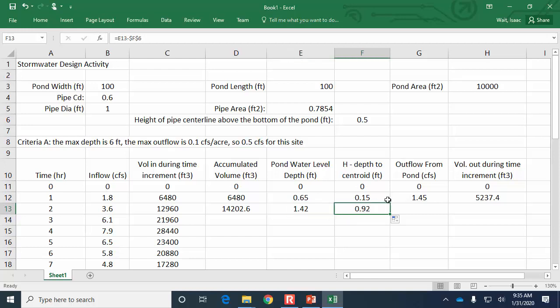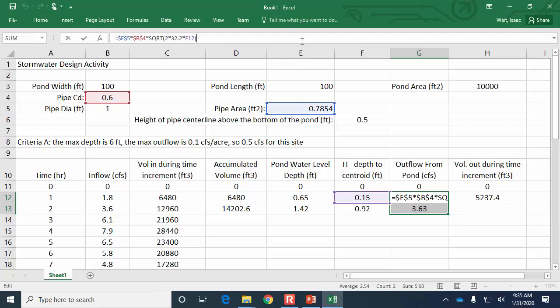So that's correct. And now the outflow is going to be based on the area of the pipe, the C sub D, and square root of 2GH. So CD times the area, and then times the square root of 2GH, where the G that you're using is 32.2 because we're in traditional units.